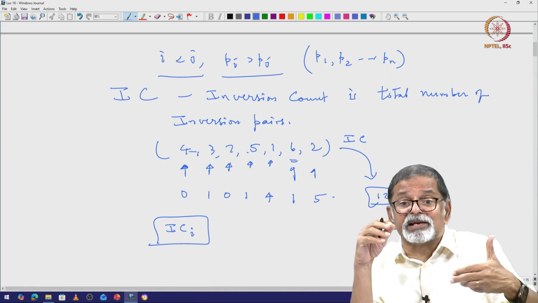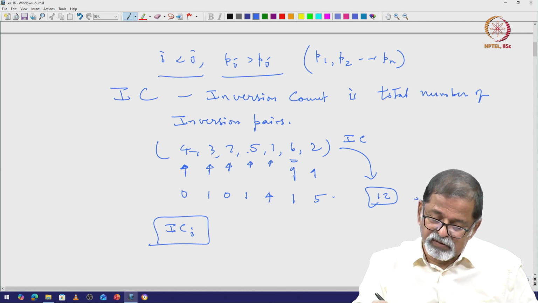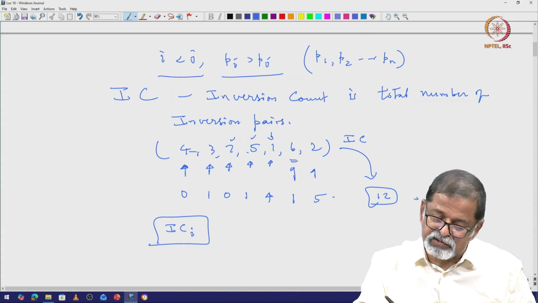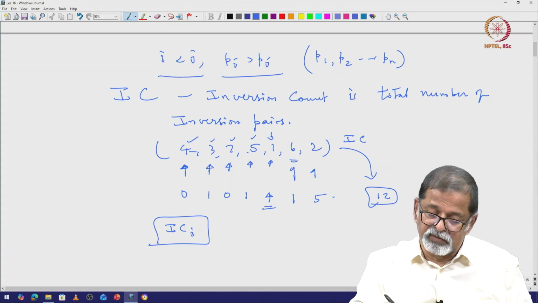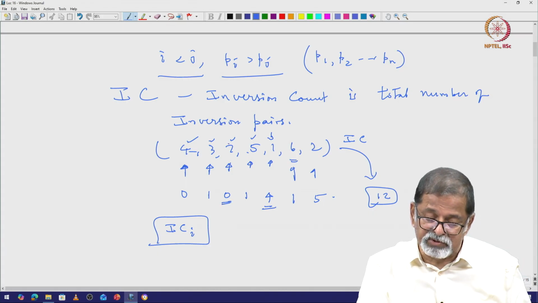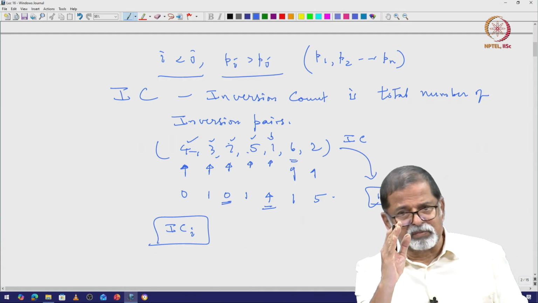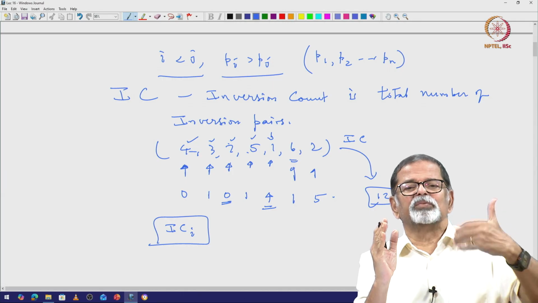Count how many larger numbers you are finding. That is what we did for 1. This is larger, this is larger, this is larger, this is larger. So, we wrote 4. For 7 we went to the left, nobody is larger. So, we wrote 0. So, starting from every position, go to the left, count how many are larger.